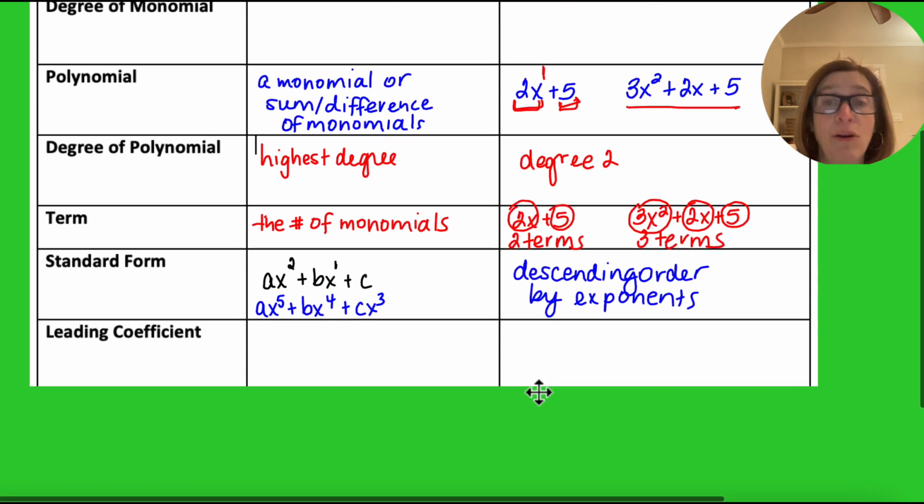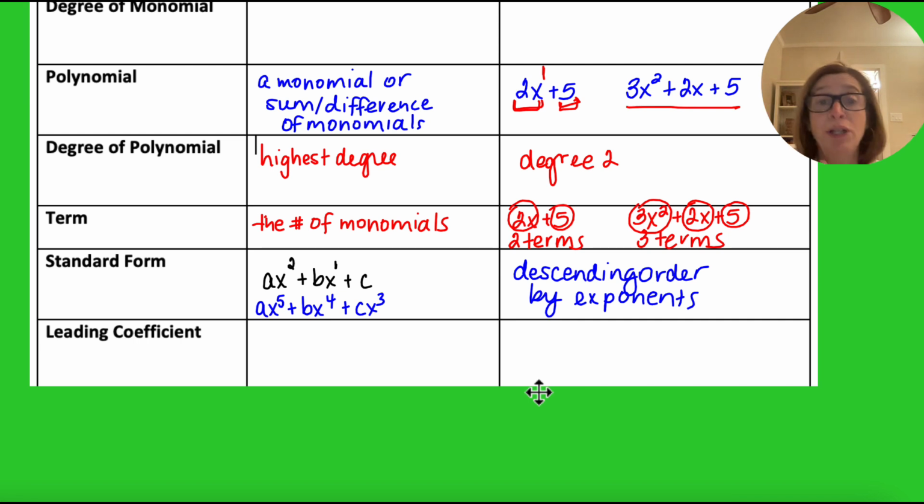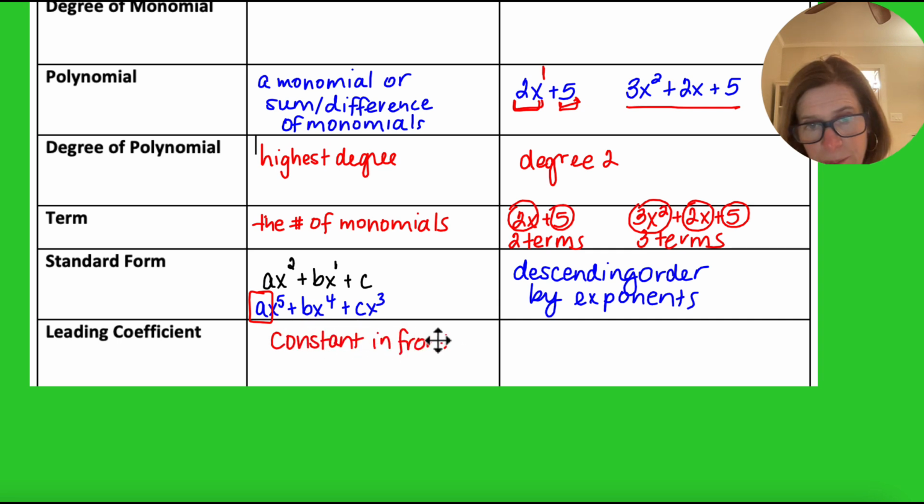Okay, the leading coefficient. So once you've put your polynomial in standard form, the leading coefficient is the number, the constant, in front of the leading term.